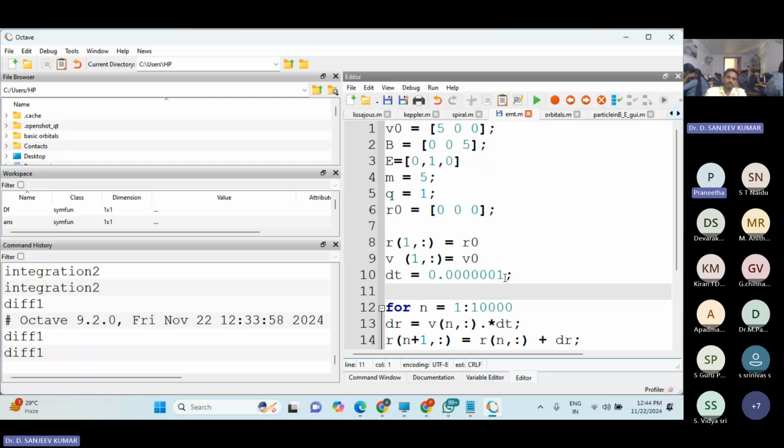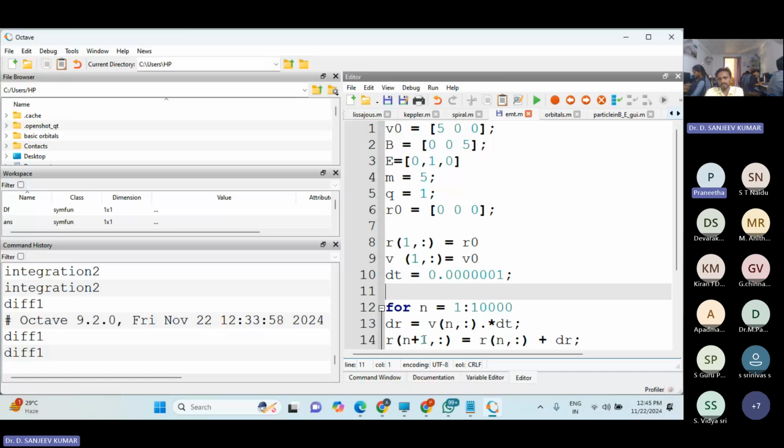So dr is v multiplied by dt, instantaneous velocity multiplied by time interval. Will give you small variation in the position. So that I have to add to the existing position vector. So n starts from 1, so n plus 1.